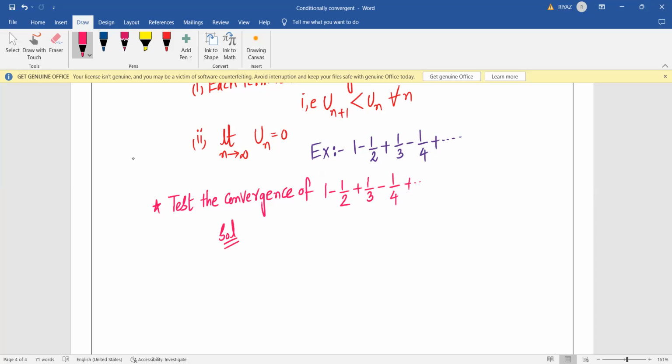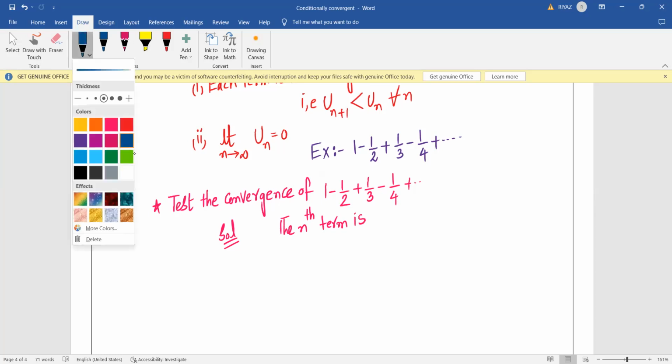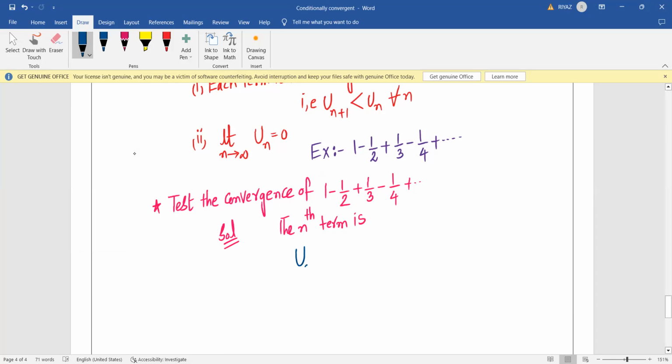What we have to do is find its nth term, u(n), first of all. Can you tell me how we are going to frame the nth term? u(n) is equal to, since it is alternately positive and negative, it is better to start like this: minus 1 whole to the power of n minus 1.